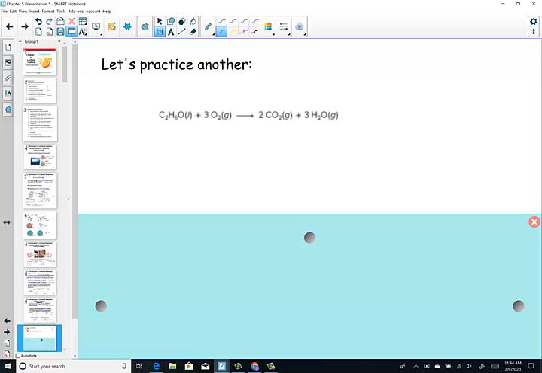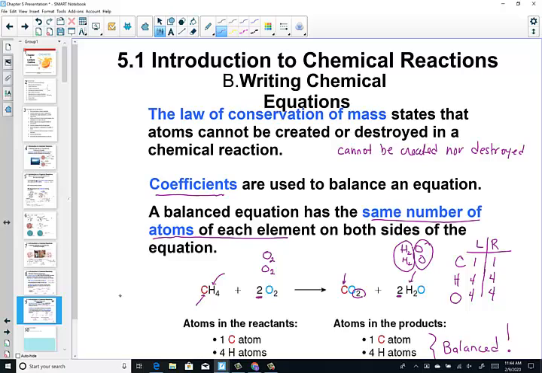This is a pattern of chemical change where I see a hydrocarbon reacting with oxygen, forming carbon dioxide and water. We will learn that this type of chemical change is known as a combustion. Did you notice this was also a combustion on the previous slide? We had a hydrocarbon reacting with oxygen to form carbon dioxide and water.